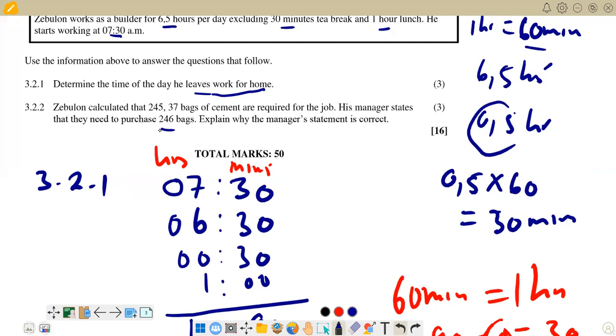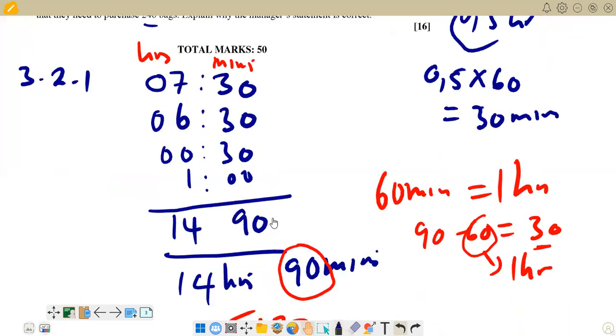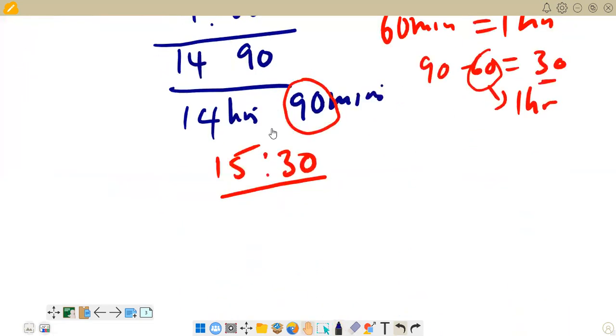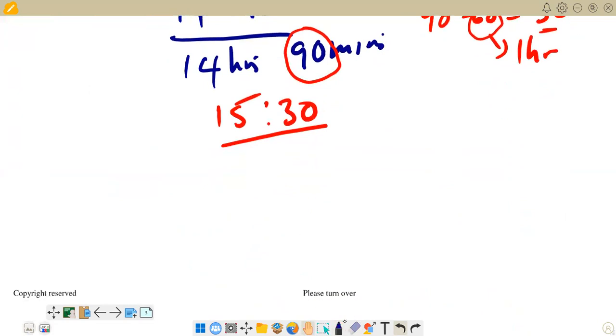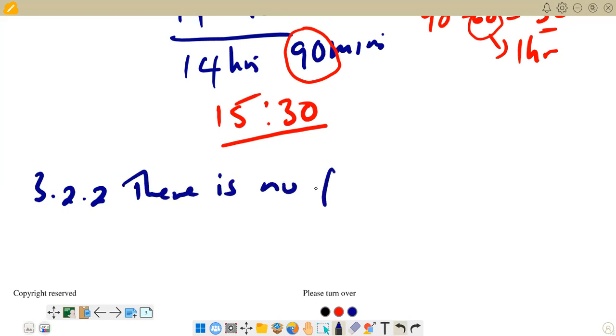So we can give an explanation on 3.2.2. Let's try to give an explanation there. The explanation that we can give is that there is no fraction of a bag.